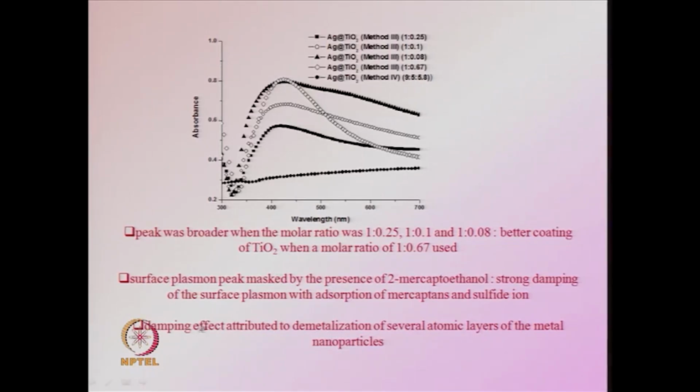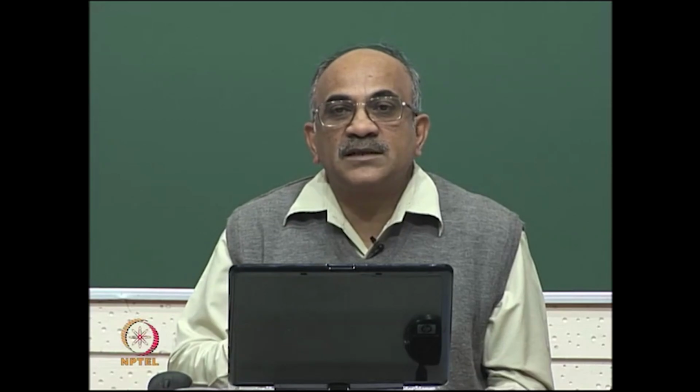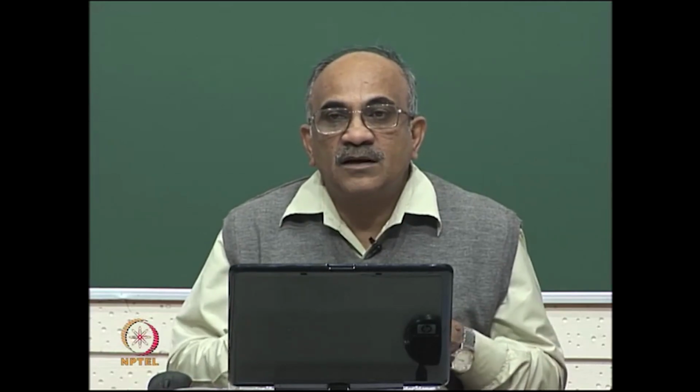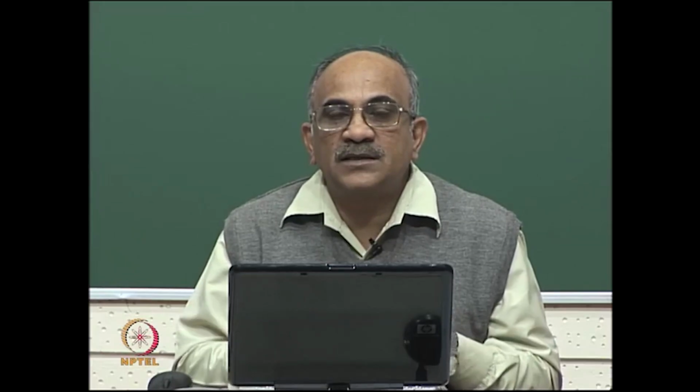So, that damping effect is because the metallic silver layers become demetallized because of the formation of silver sulphide or silver sulphur linkages on the top layers of the silver nanoparticle.